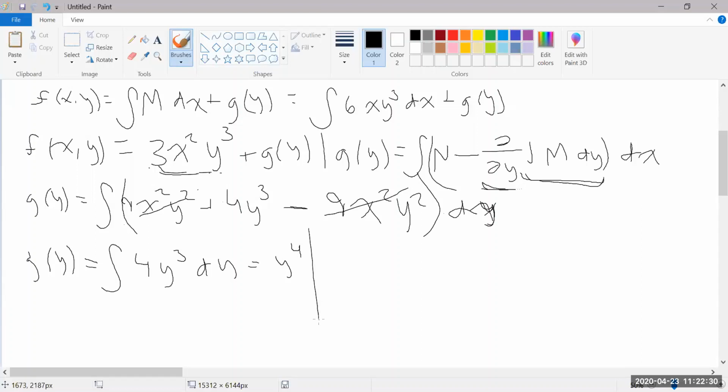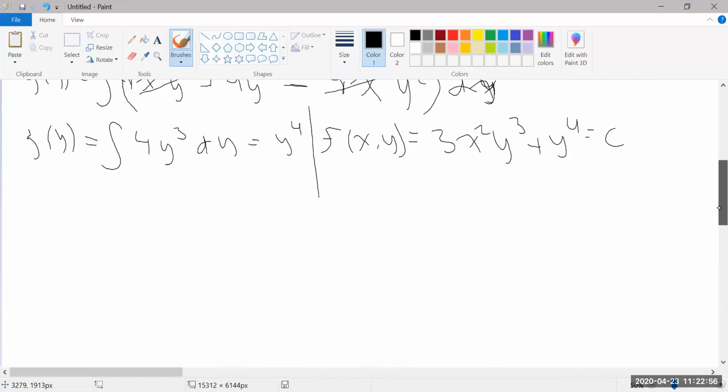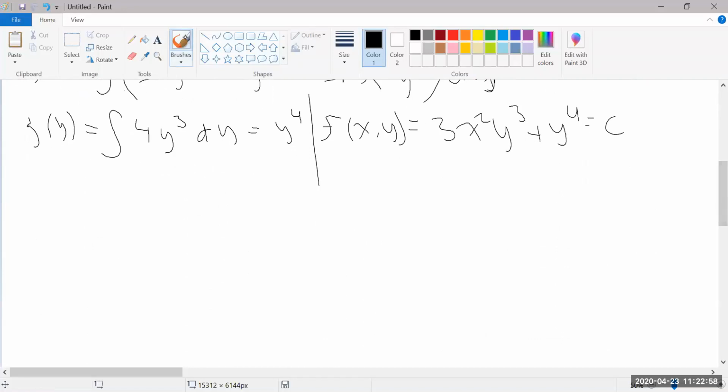So you get your f of x,y equals 3x squared y cubed plus y to the fourth, and that equals our constant c at the end. Solving for our initial value of y of 1 equals 1, I believe. I'm actually going to scroll back up and look. Yes, okay, y of 1 equals 1.